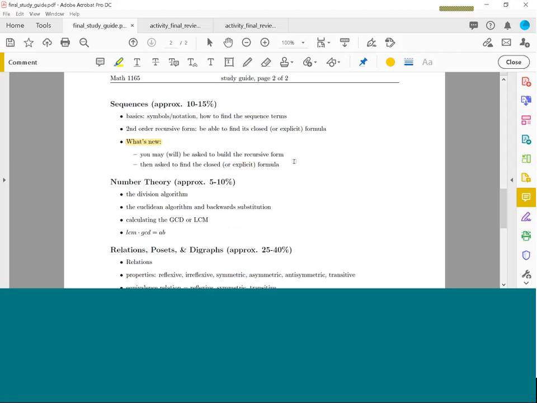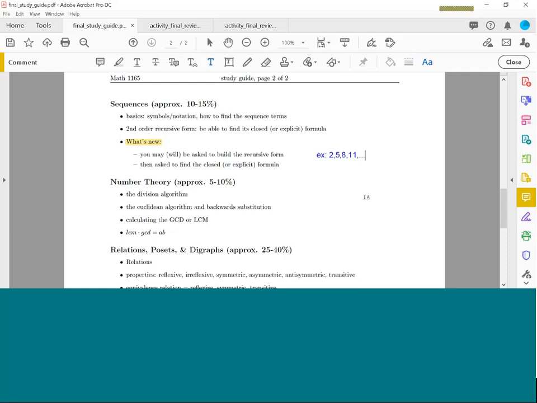We actually did this in class, gave out all the terms of the sequence. So maybe you have something like, let's type in a little baby example over here. Maybe you have something like 2, 5, 8, 11, and it keeps going.